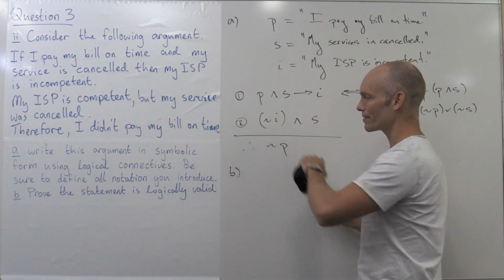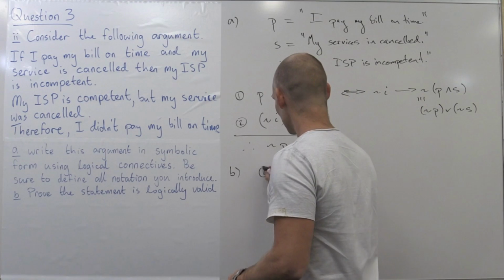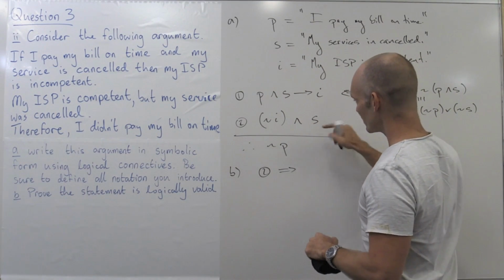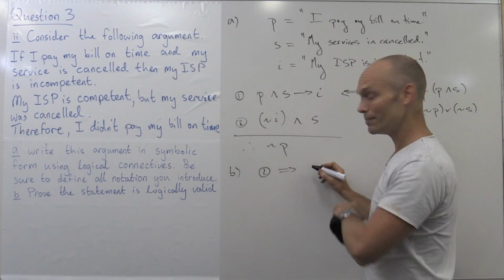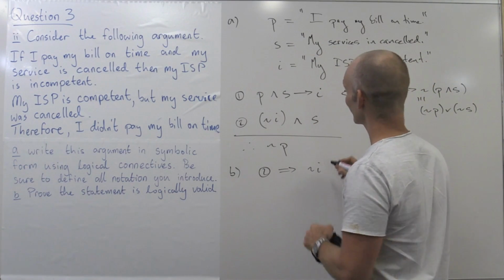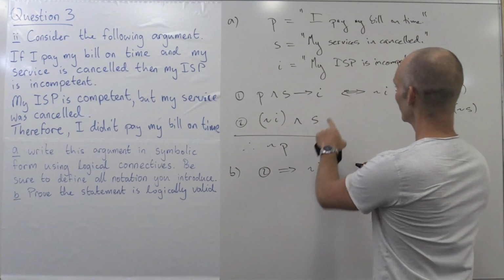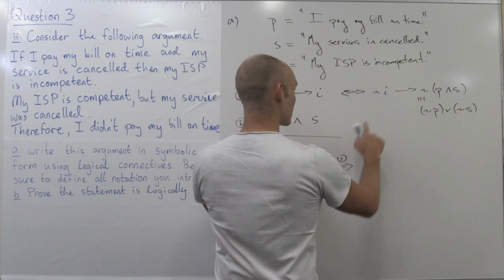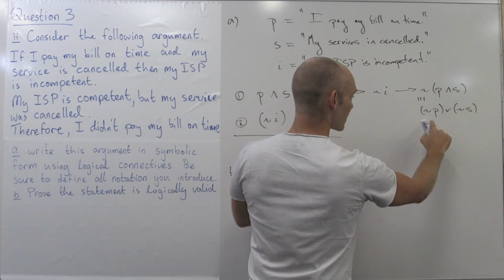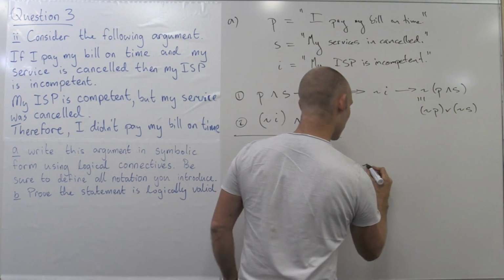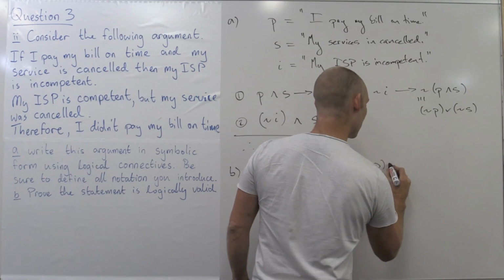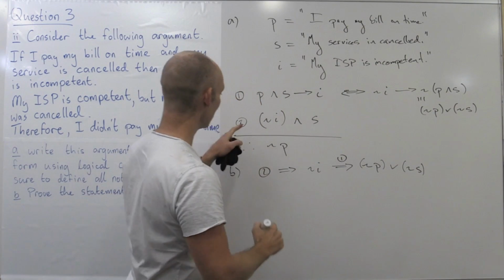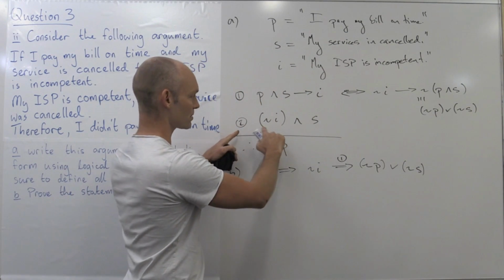Okay, what can we do? Well, we can start off with number 2. 2 implies that both this is true and this is true. In particular, not I, so the ISP is not incompetent. Now we can use number 1, because if not I is true, then we have not P or not S. Now we can use 2 again. 2 says that both of these are true.